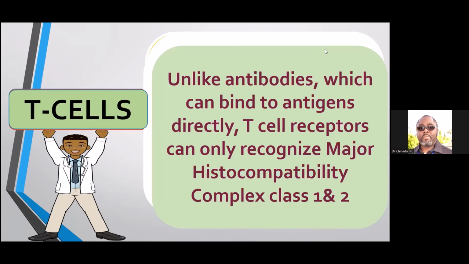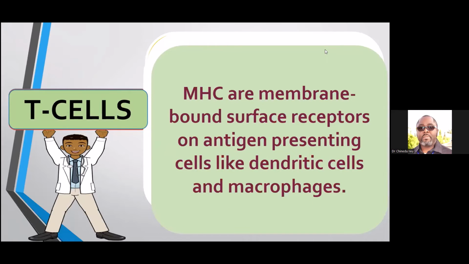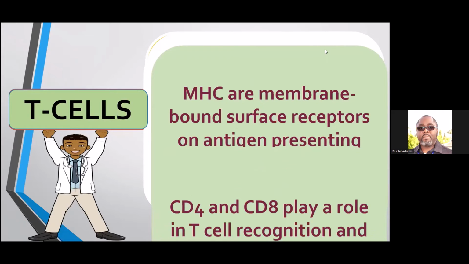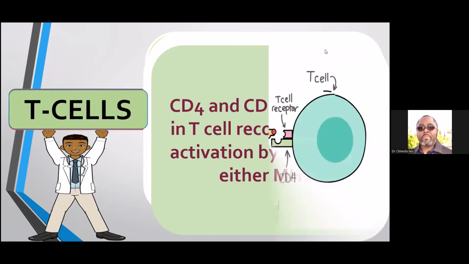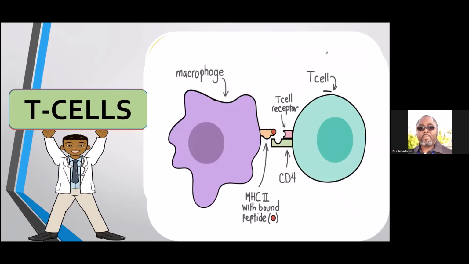These are membrane-bound surface receptors on antigen-presenting cells like dendritic cells and macrophages. CD4 and CD8 play a role in T cell recognition. This is an example of the macrophage with attached MHC, and the T cell with its T cell receptor and the CD4 receptor.